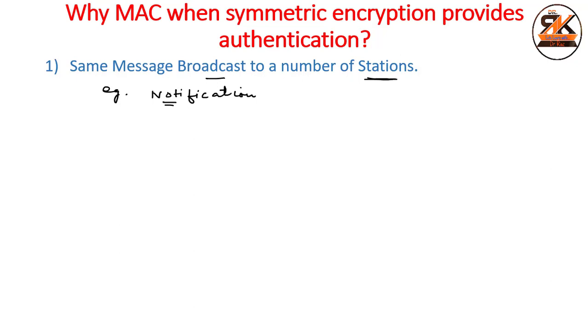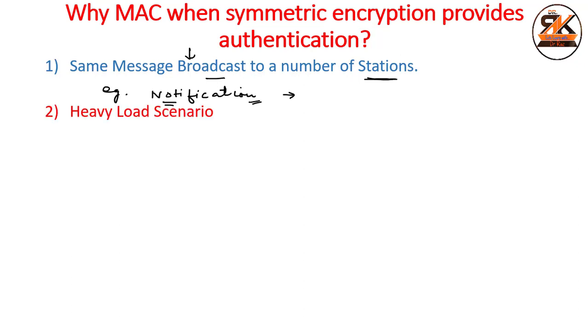It is then cheaper or more reliable to have only one destination responsible for monitoring the authenticity of the message. There will be one station that will compute the MAC and compare the MAC. So where we have to broadcast a message to a number of users and do not need encryption, we use the MAC to authenticate the message.